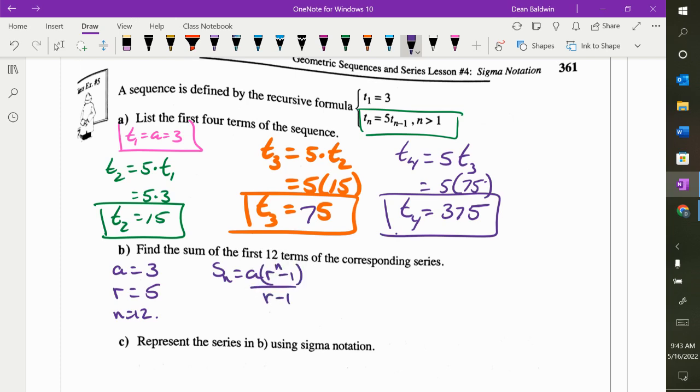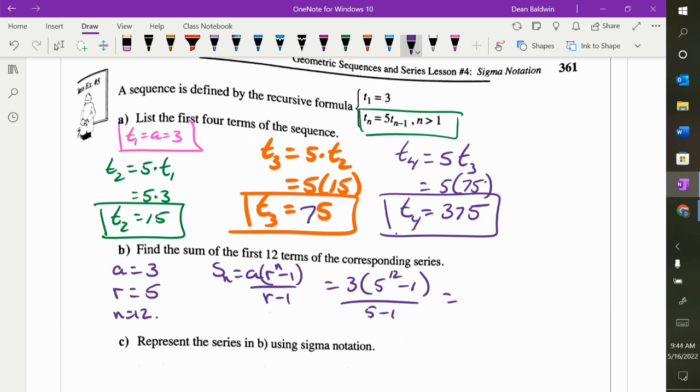Okay. Plug everything in. 3 times R to the 12 minus 1 over R minus 1. All right. Again, calculator practice time.